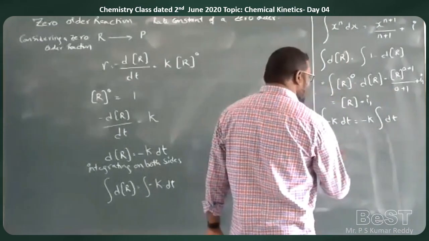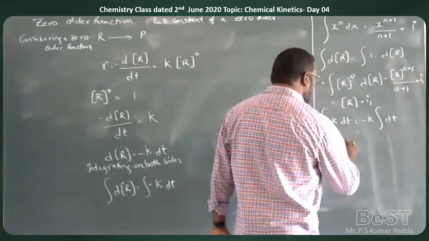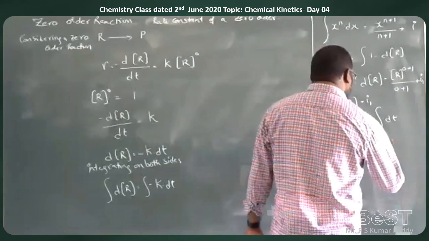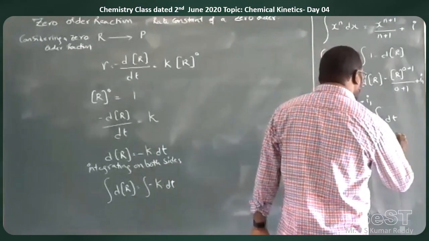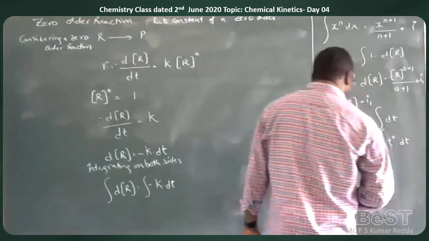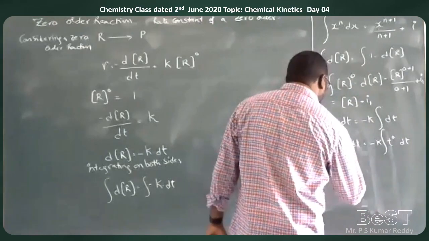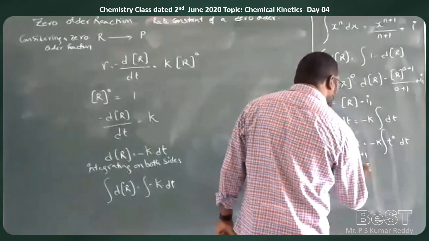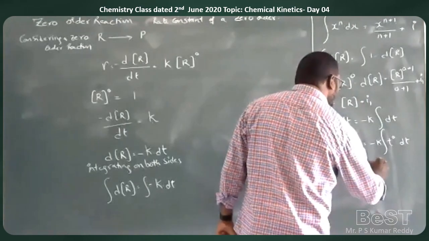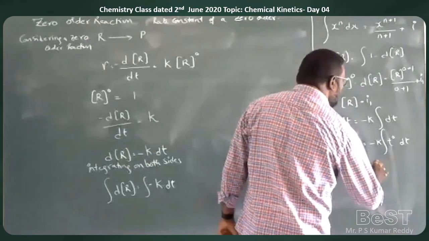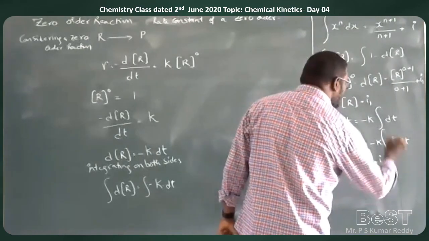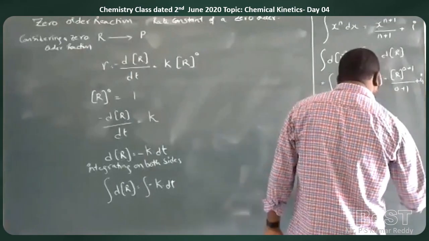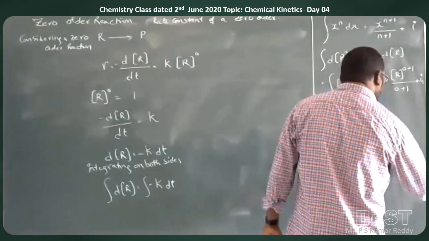Now minus K integration of 1 into dt, which is equal to minus K into integration of t to the power of 0 into dt, where you are going to get minus K into t to the power of 0 plus 1 by 0 plus 1, plus I2. That is equal to minus Kt plus I2.